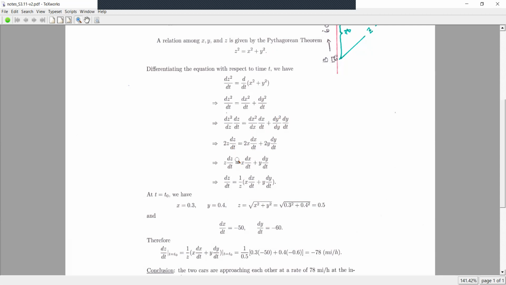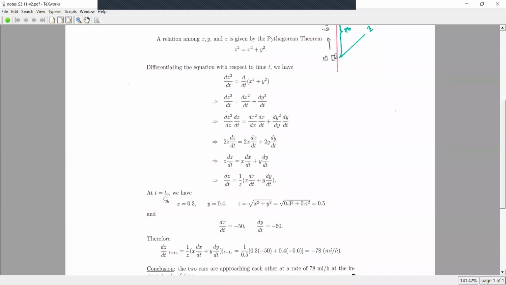Then I have this equation. Don't forget, I'm looking for dc/dt. I move c to the right side. Then I have this equation. This is the derivative of c with respect to the time t.